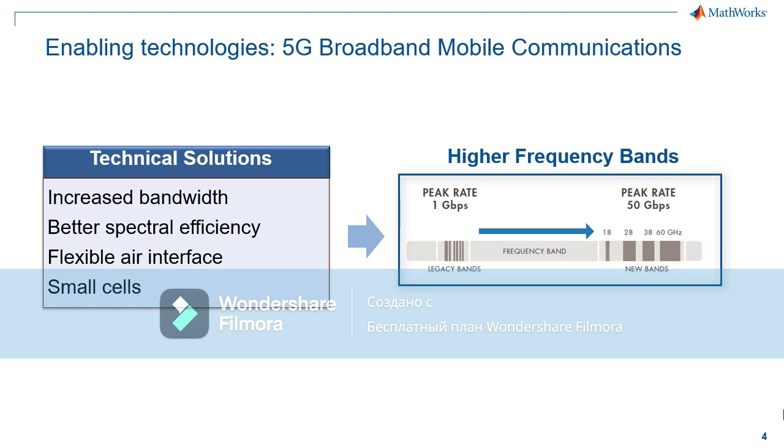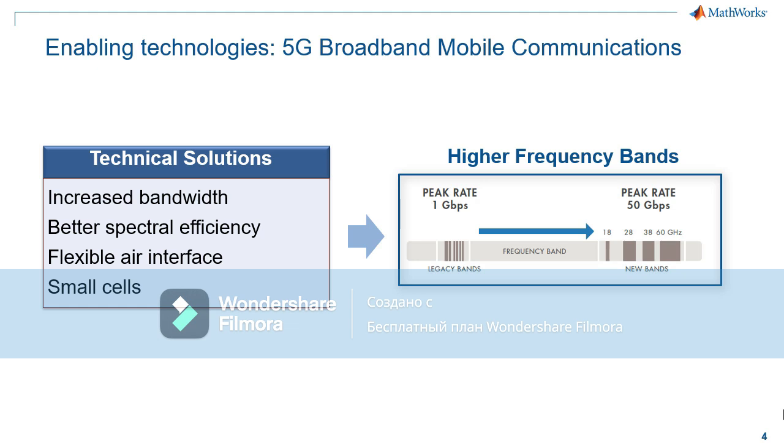And also you can use small cells such that you can essentially use MIMO techniques to achieve better received power and performance. Another approach is using higher frequency bands, and that's one of the main themes that 5G will exhibit.